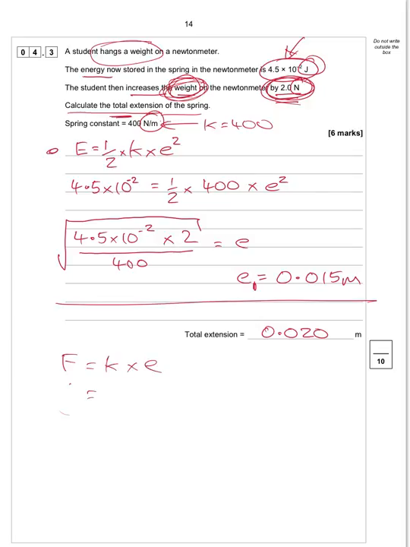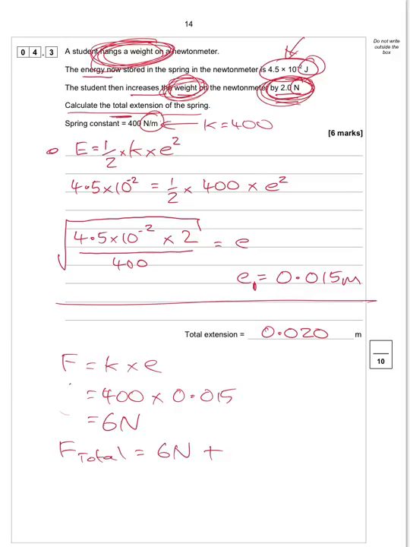So 400 times by the extension 0.015 will tell me that the initial force on the spring, so this initial first weight that she put on, was 6 newtons. She then added another 2 newtons, so the total force is 6 newtons plus the 2 newtons, so the total force is 8 newtons.